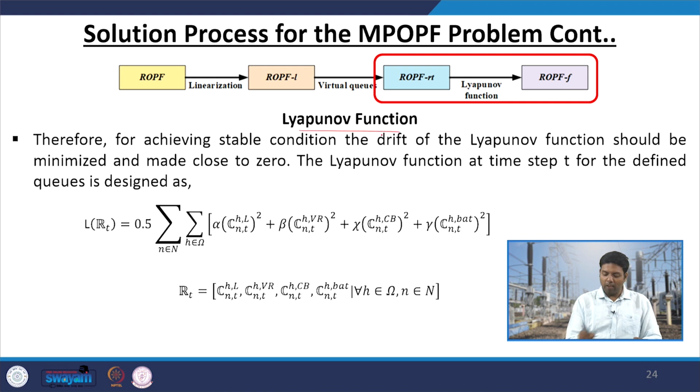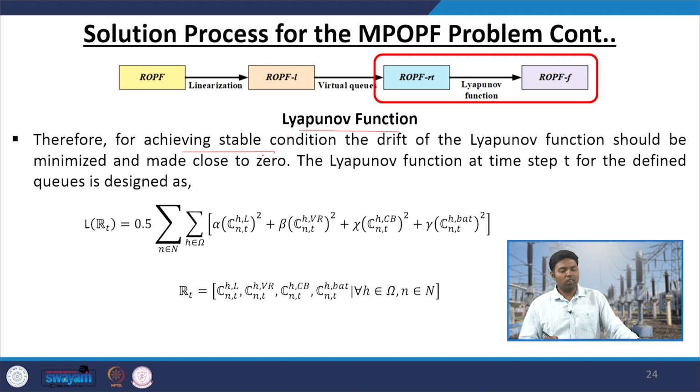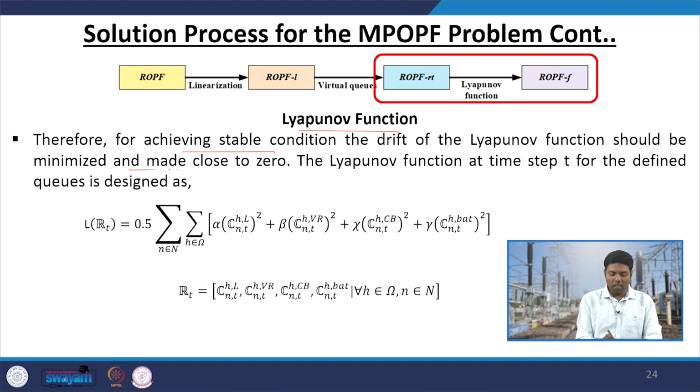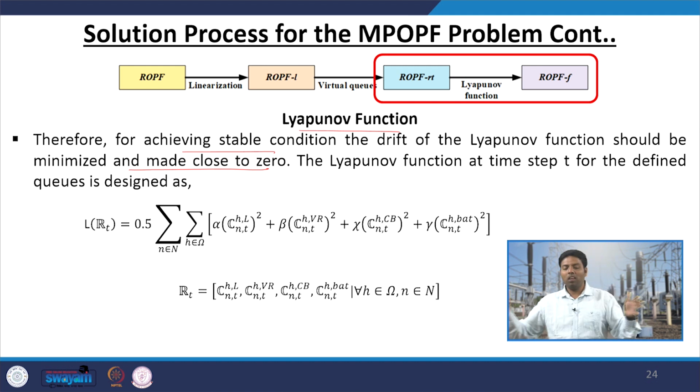So, you can define the Lyapunov function. For achieving the stable condition, the drift of the Lyapunov function should be minimized and made close to 0. If it is 0, that means your battery operation is only needed, or voltage tap changing operation is only needed, when it is absolutely necessary. You will not do unnecessary operation in real time.